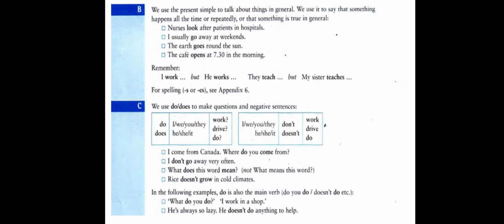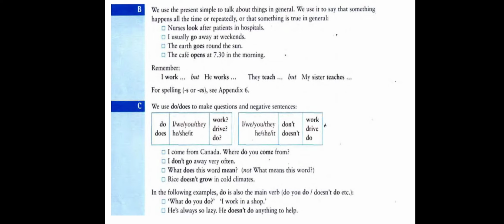I, we, you, they. If I say I work, we work, you work, they work. I drive, we drive, you drive, they drive. I do, we do, you do, they do. So here do is a main verb. To make negative, we must use a helping verb.